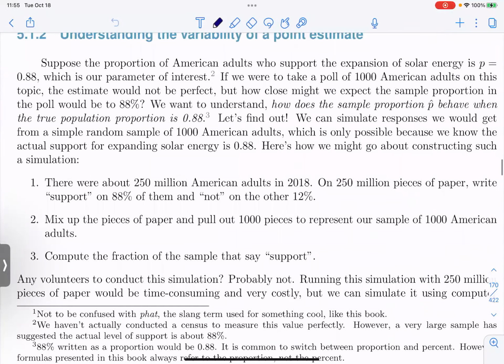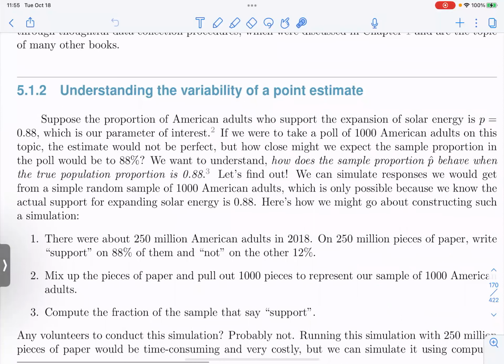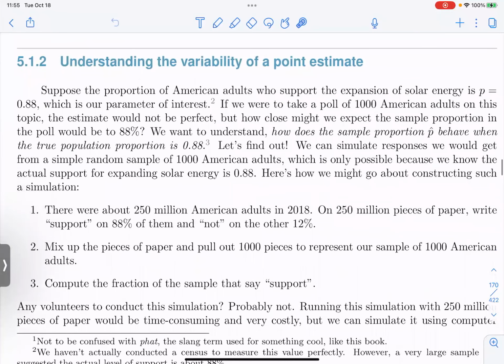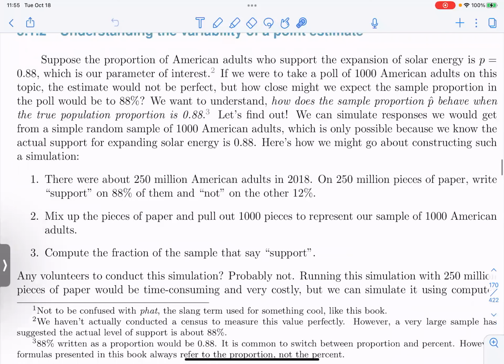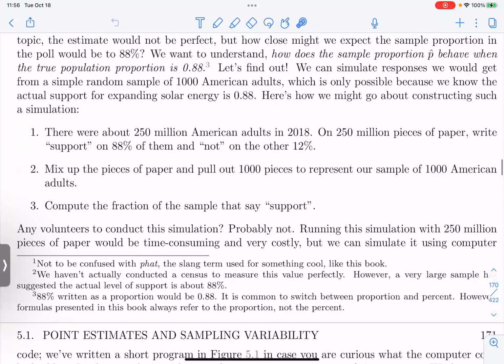Here they're talking about a proportion of American adults who support the expansion of solar energy. And here they're pretending to know the population proportion. And then they say, okay, one of the ways that we could figure out the sampling distribution of the p-hats, which is what we're talking about, is we could run this simulation.